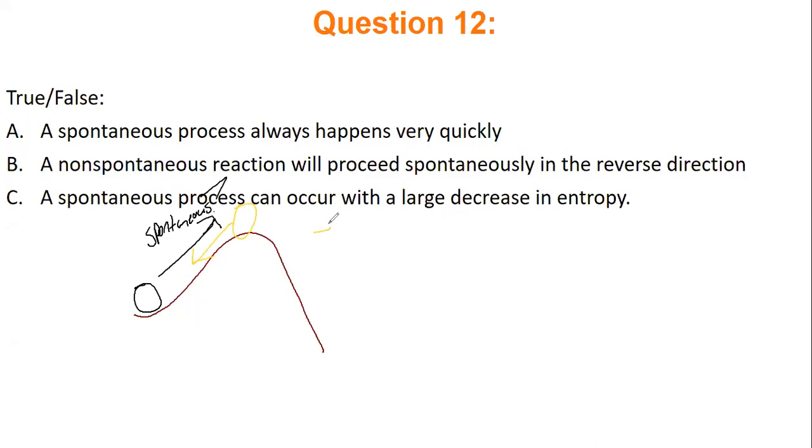The reverse process, pen going back into my hand, non-spontaneous. So if you have a chemical equation that's reversible, if one way is non-spontaneous, by definition, the other way has to be spontaneous. They both can't be non-spontaneous or you don't have a reaction.